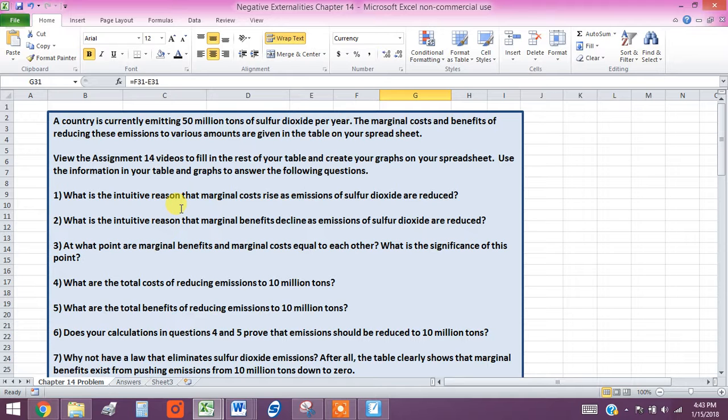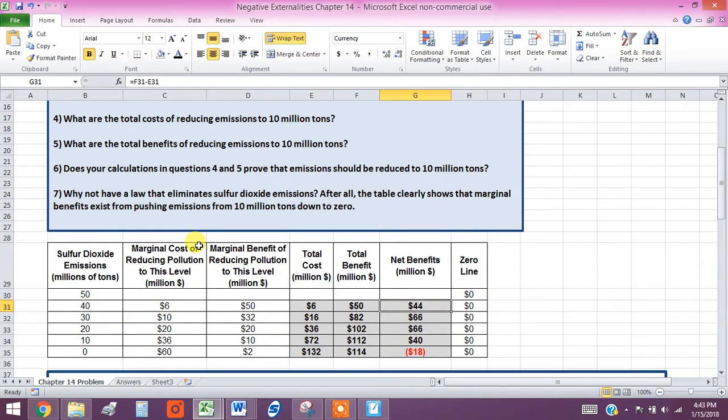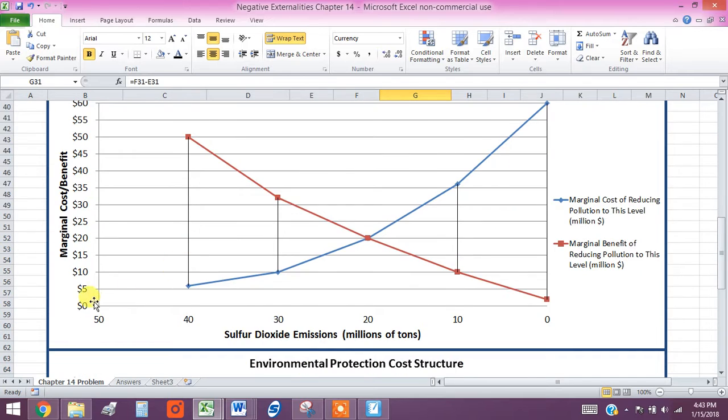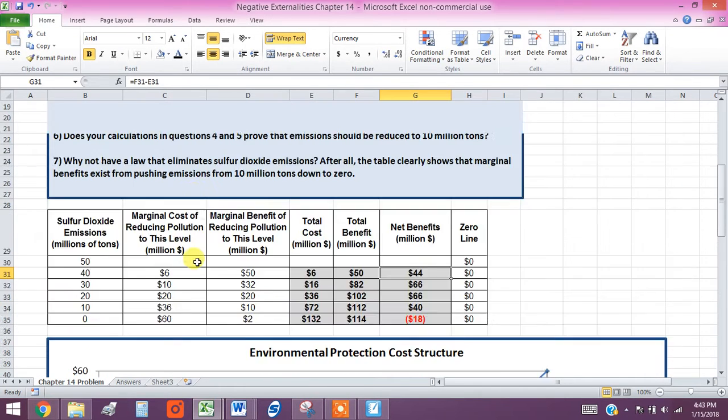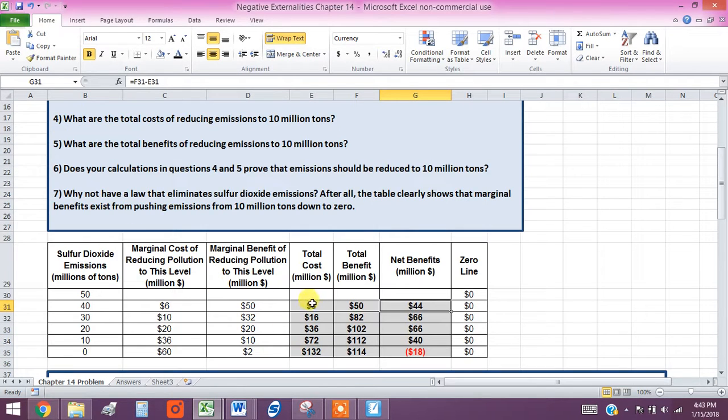So the first reduction, in this case from 50 down to 40, as you can see here or here, the marginal cost for that is only 6 million. That might involve installing some relatively less expensive filters.